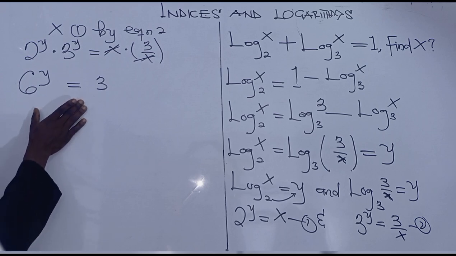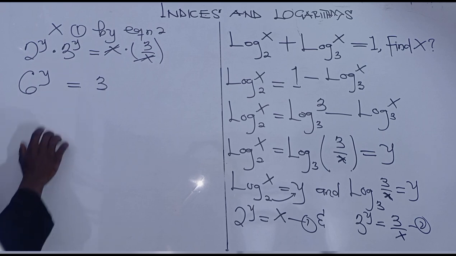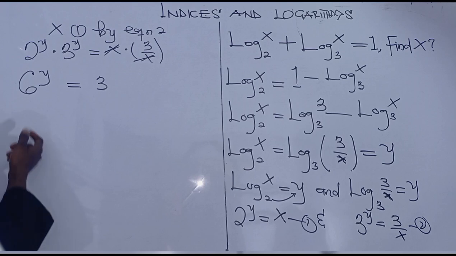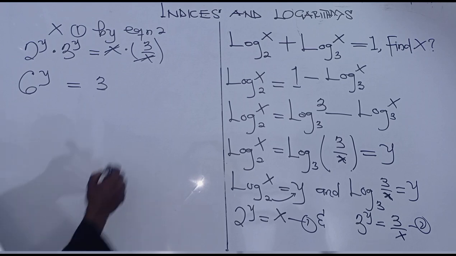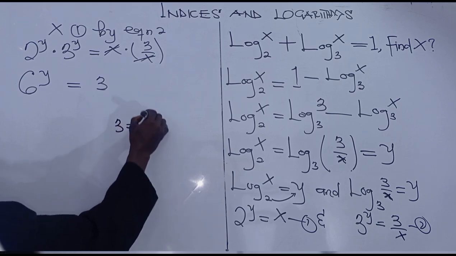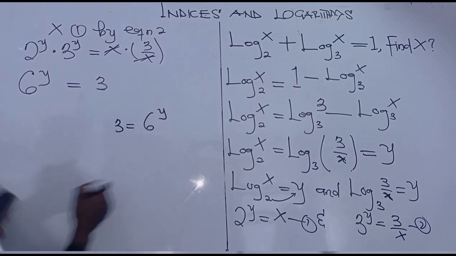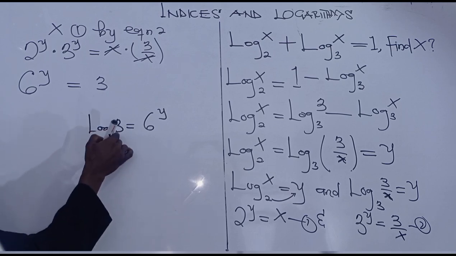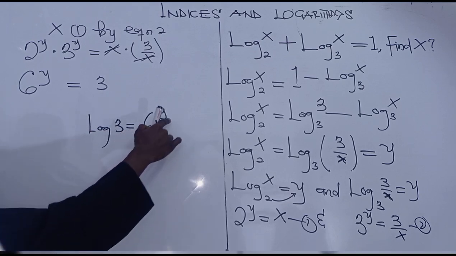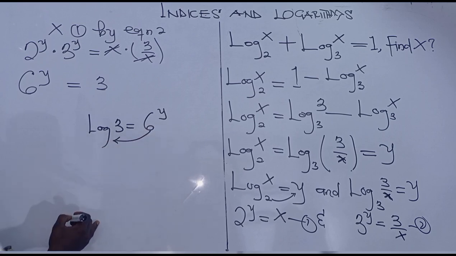So at this very point, we want to make y the subject of the equation, or we want to find the value for y. So we can convert this into a logarithmic equation. So we have 3 is equal to 6 raised to the power y. So in doing that, we are going to introduce logarithm on the number 3, and then the base of the y will move and become the base of the logarithm.